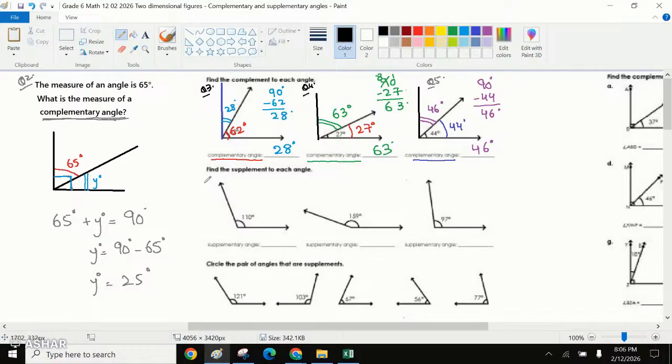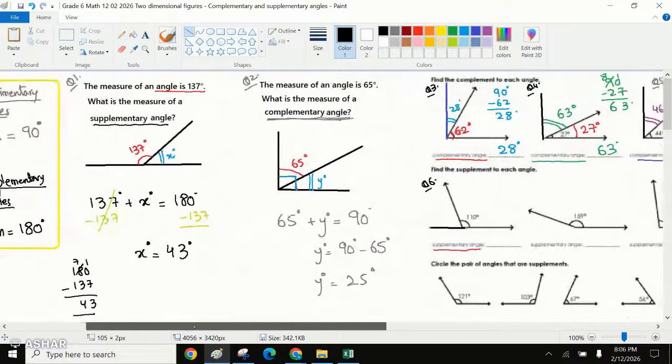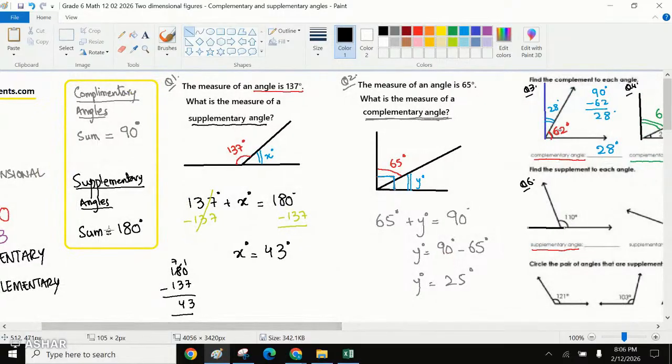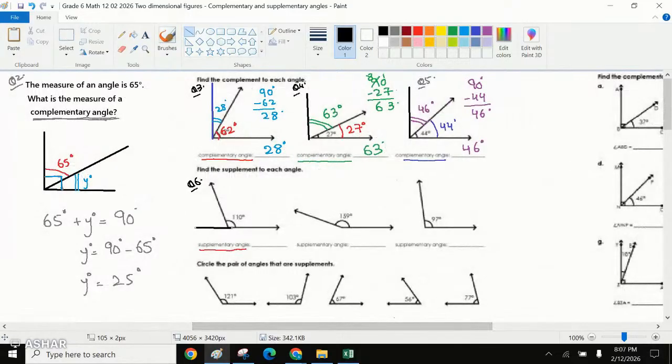For question number 6, they are asking us to write the supplementary angle for this given question. Supplementary means the sum is 180, right? That means if we need to find the supplementary angle over here, we basically need to find this missing angle.